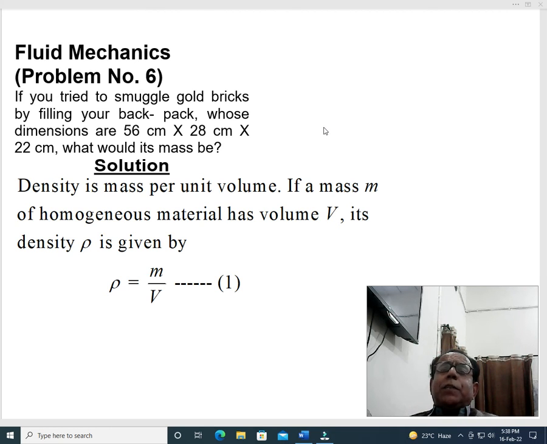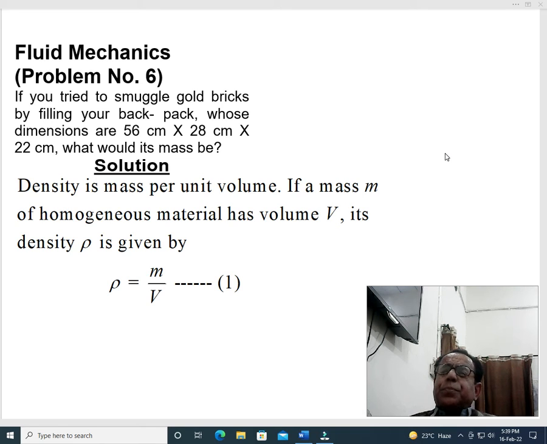As in our previous modules, we start our solution from the definition of density. Density is mass per unit volume. If a mass m of homogeneous material has volume V, then its density rho is given by rho equal to m over V. Equation number 1.